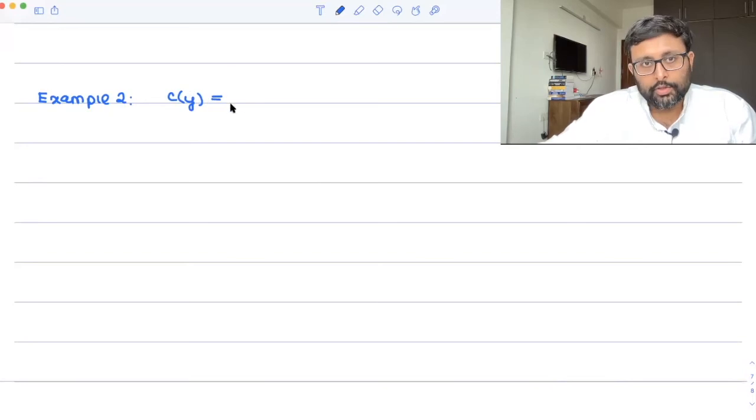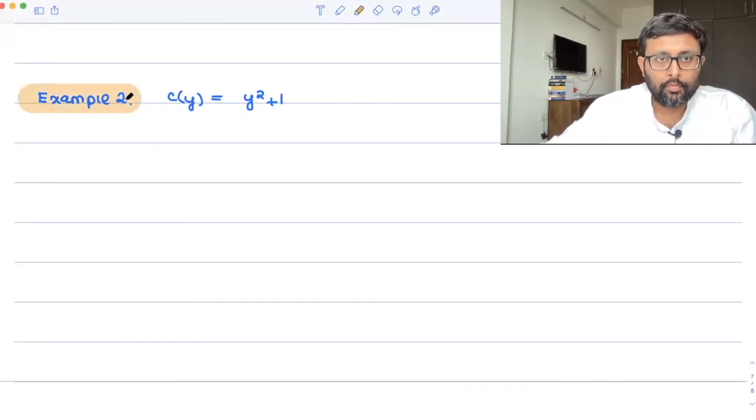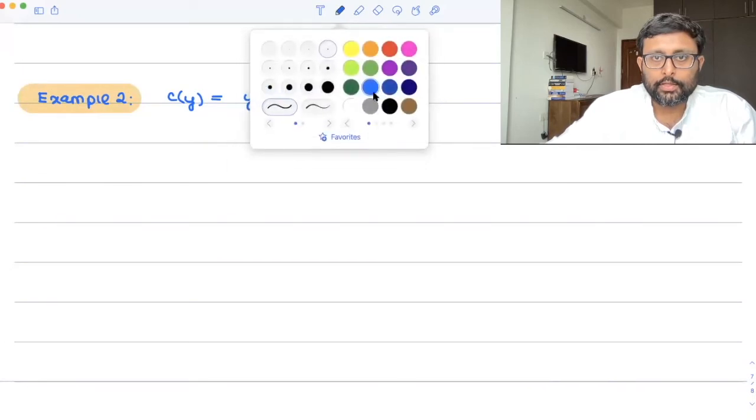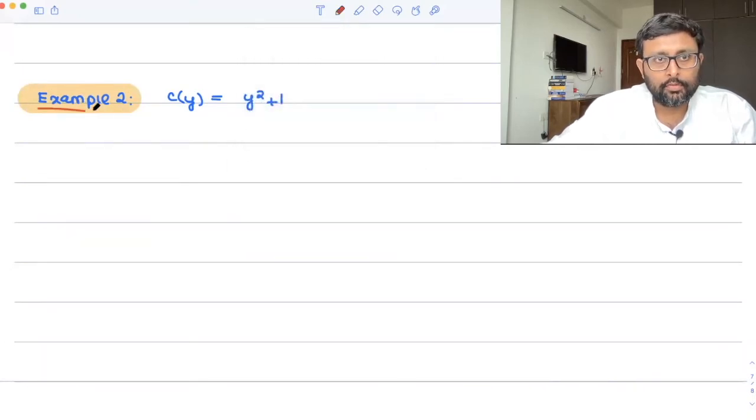So C(y) equals y squared plus 1. Just find out what is the MC curve. MC is equal to 2y.